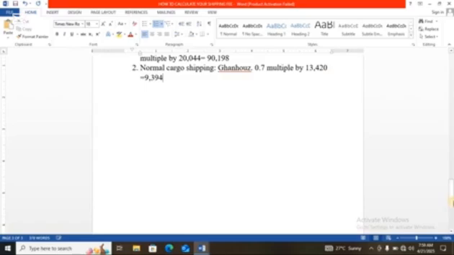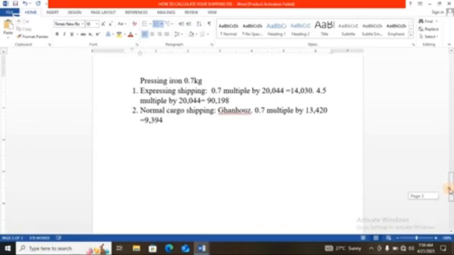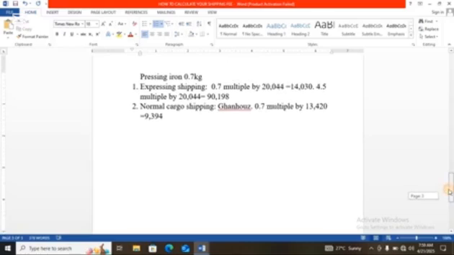So you see that in the express shipping we are paying 14,000 for a 0.7 kg item, but in this normal shipping using the Gonzo we are paying 9,394.